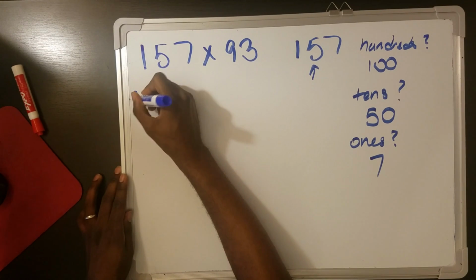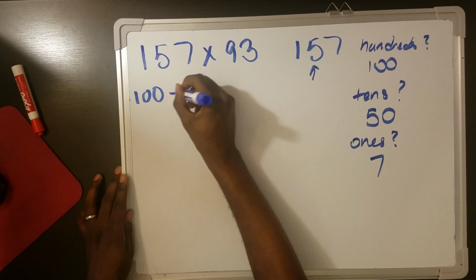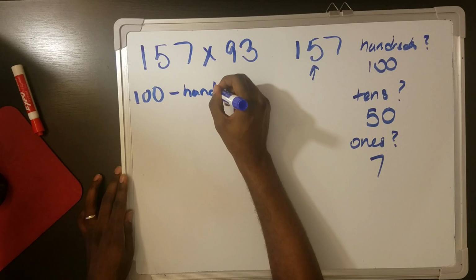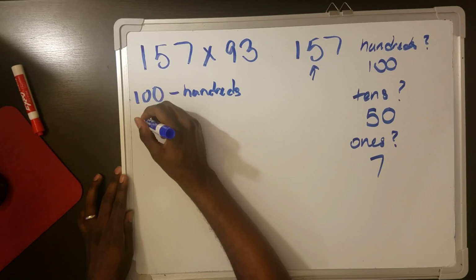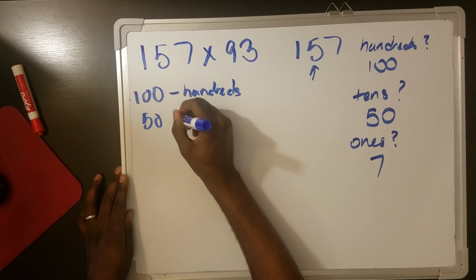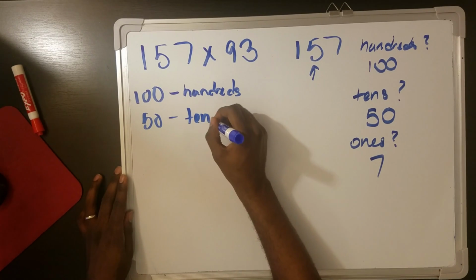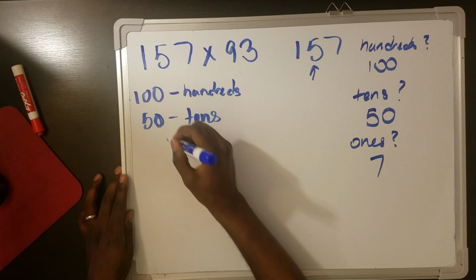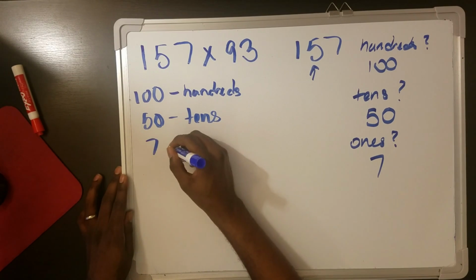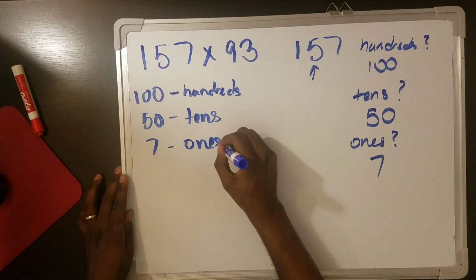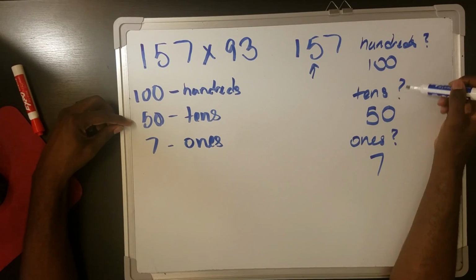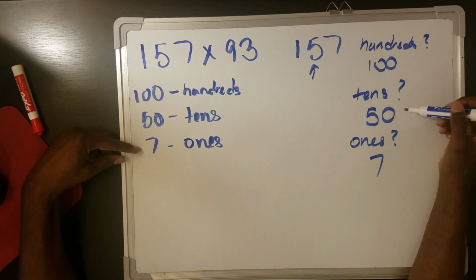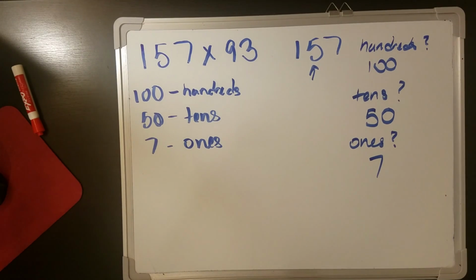We have 100 in the hundreds place, the tens place, and the ones place. So we have the 100 in the hundreds place, the 50 in the tens place, and the 7 in the ones place.